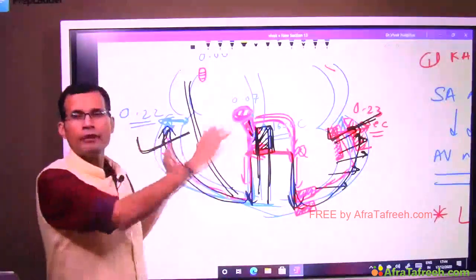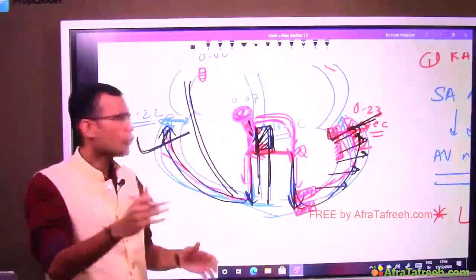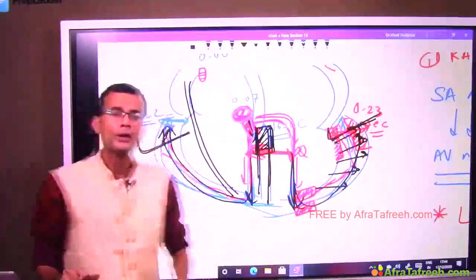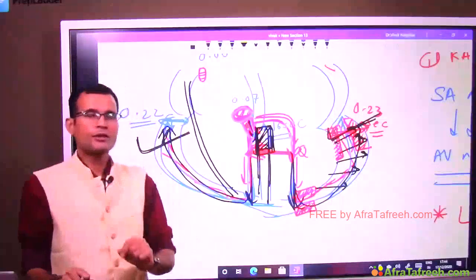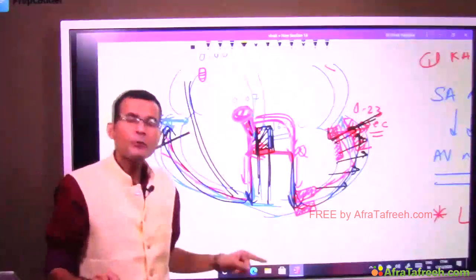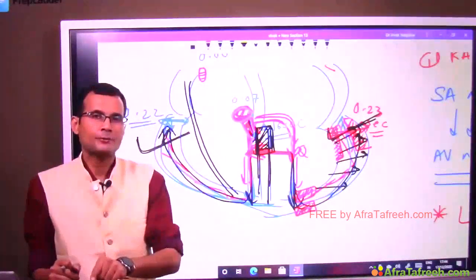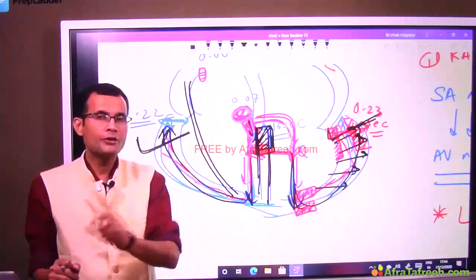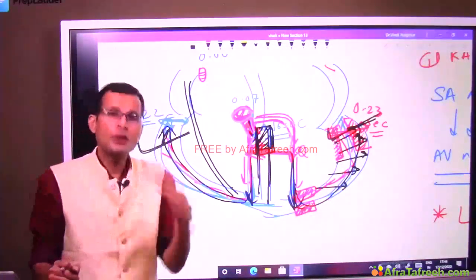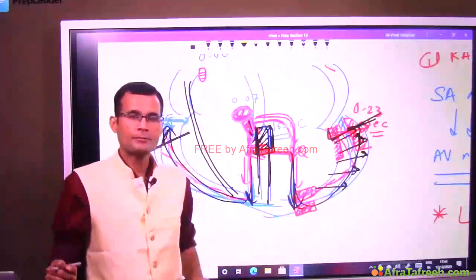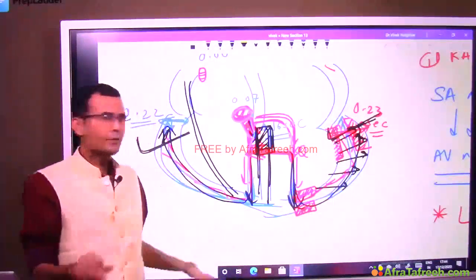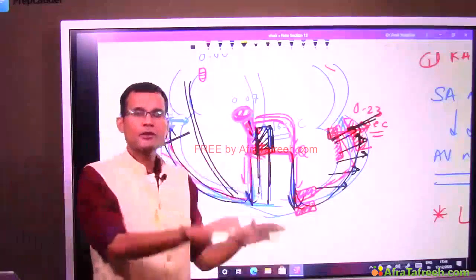It's a traveling wave, it's a traveling impulse, and we saw how it travels just now. What is repolarization? Repolarization is recovery from excitation. Okay, it does not travel, it occurs point by point, or fiber by fiber in this case. All right, so that's how you should look at depolarization and repolarization.